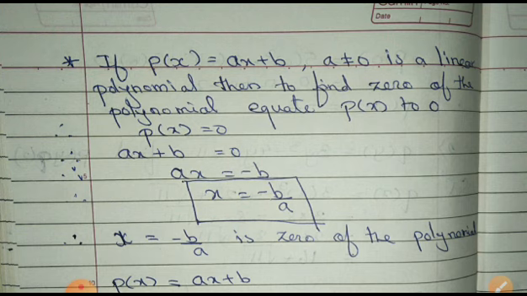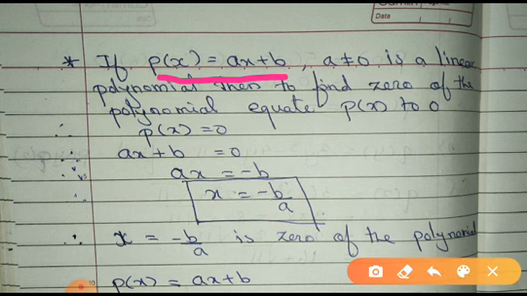Okay, minus b by a is nothing but, if you observe the polynomial ax plus b, b is the constant term and a is the coefficient of x. So for a linear polynomial, we can say the zero of a polynomial is minus of the constant term by the coefficient of x. Okay.